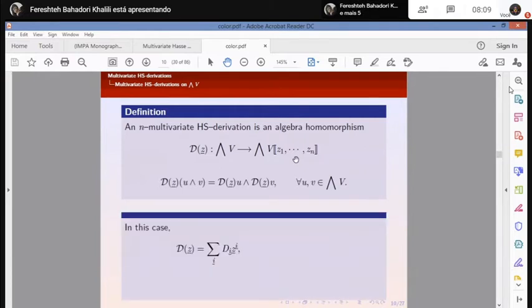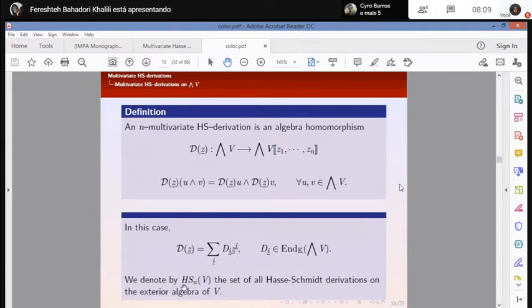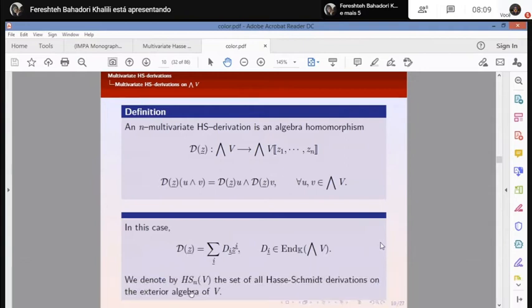And again, in this case, we can represent the derivation by some power series whose coefficients are endomorphisms of the exterior algebra. And the set of all n-multivariate Hasse-Schmidt derivations we denote by HS_n.